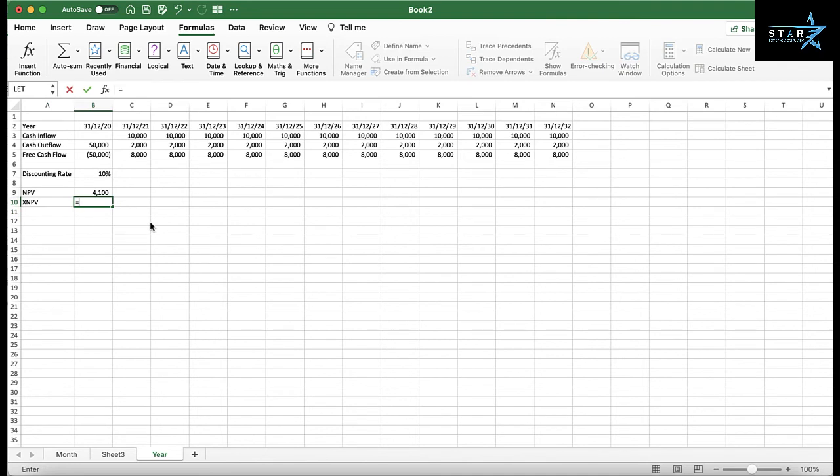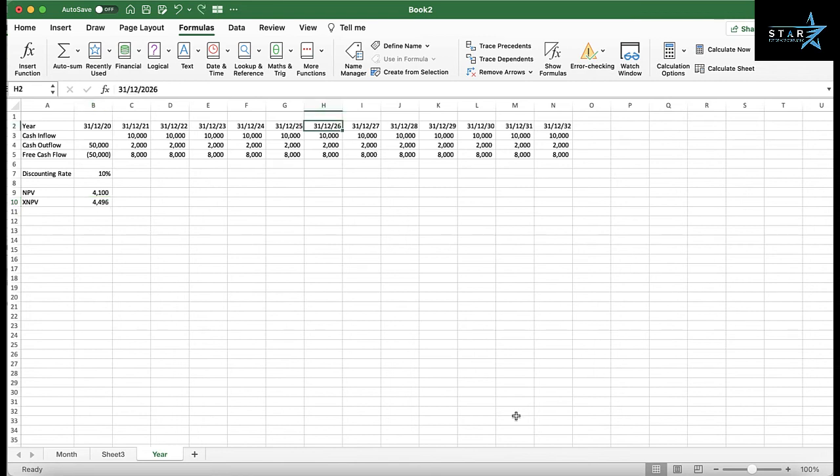XNPV, the first thing is the rate, then the free cash flow, and the last one is the dates for the year. And as you can see, again, the values are different and it is higher than NPV, which gives us a more accurate representation of the net present value if this was the example of cash flow.